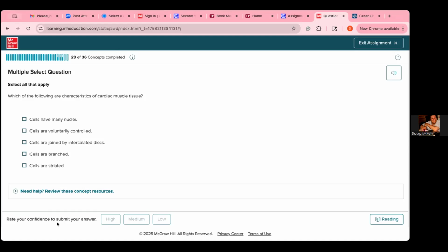The characteristics of cardiac muscle tissue are going to be involuntary, striated, and they have intercalated discs.